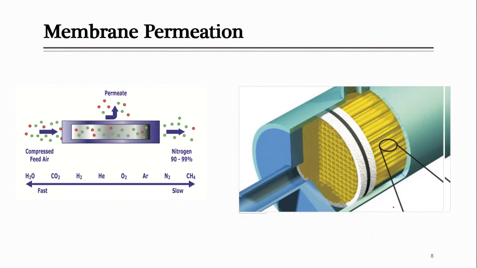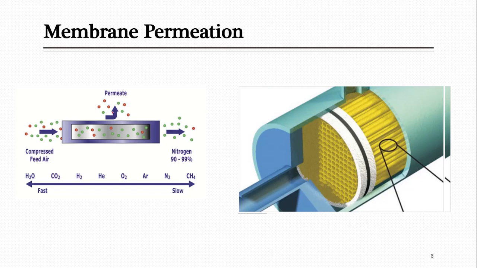In this figure you can see that you are passing compressed air through this membrane. When it enters the membrane module, overall it looks something like what is shown here. There will be fibers or capillaries through which this air passes, and some of the components permeate and can leave through the membrane.